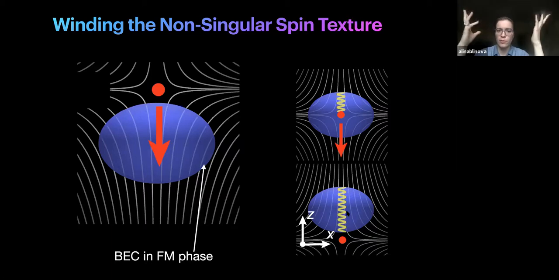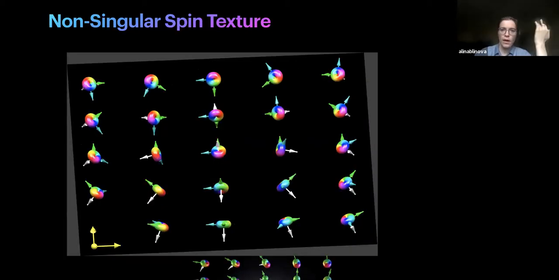However, the whole BEC is still ferromagnetic. And we end up with a texture which is represented here. There's no super clear way to represent this kind of texture. It's essentially a winding of 4 pi of the triad around the middle. So you can, for example, follow the green arrow around the outer edge, and if you do so, you will eventually count your 4 pi winding.